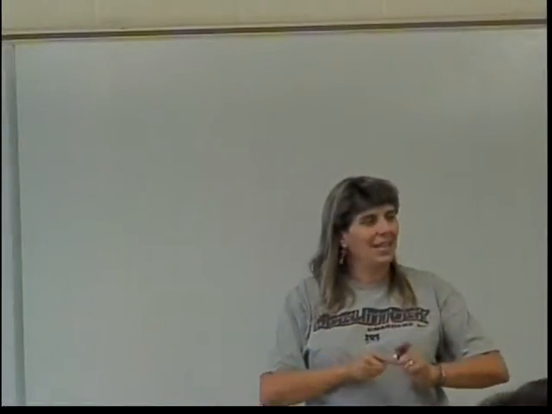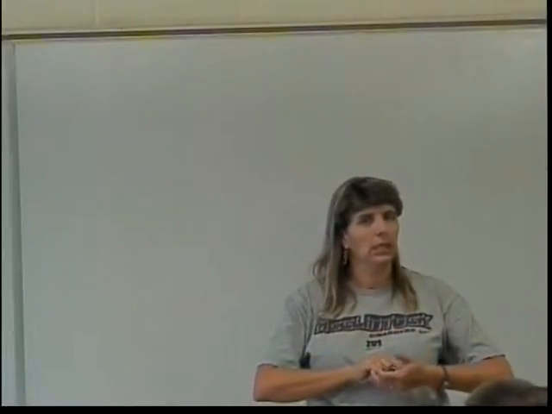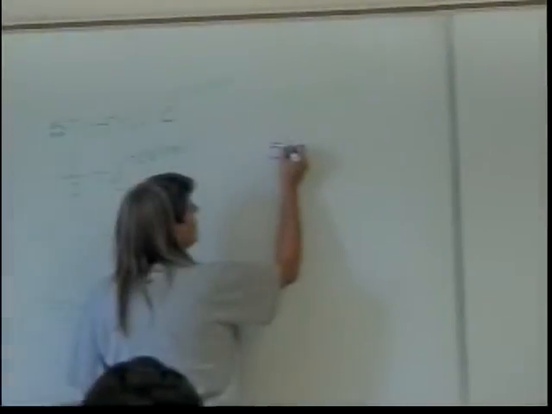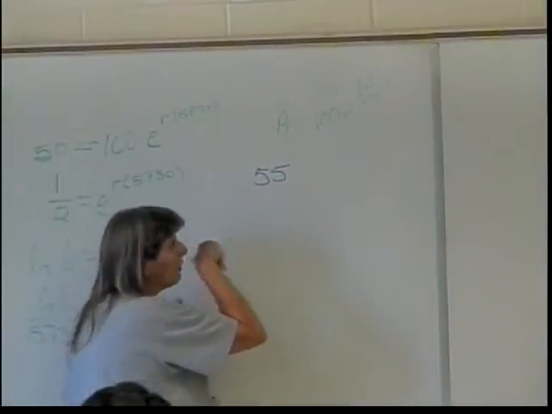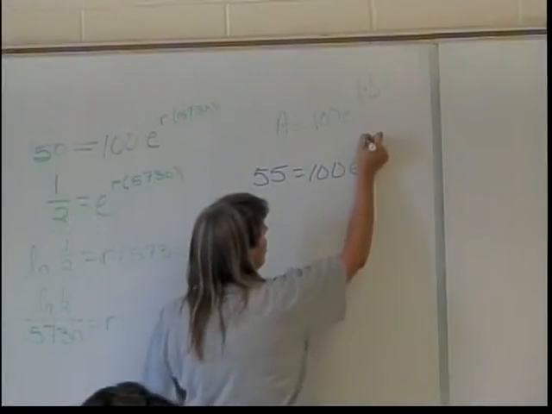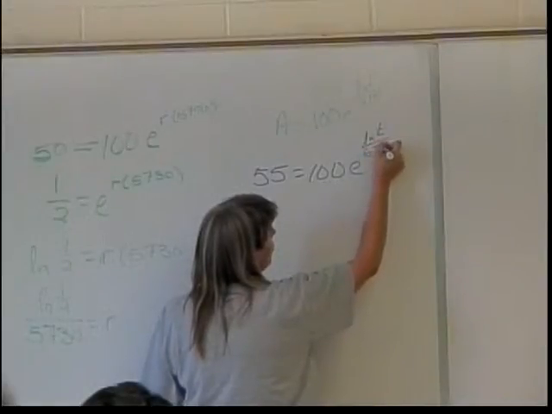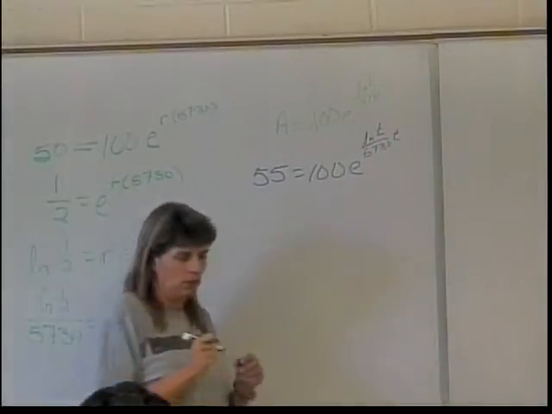How long does that take? Where would I put 55%? I put that in for A. So to find out how long it takes to get to 55, I put 55 in for A. That's equal to 100 e to the natural log of 1/2 over 5,730 times t.